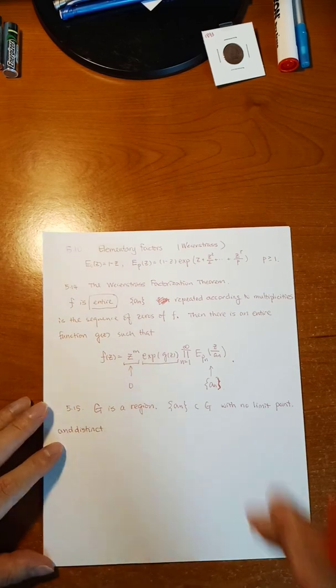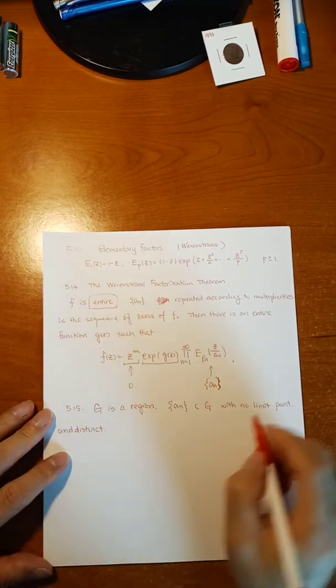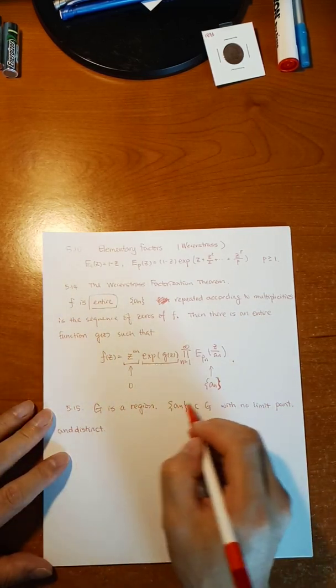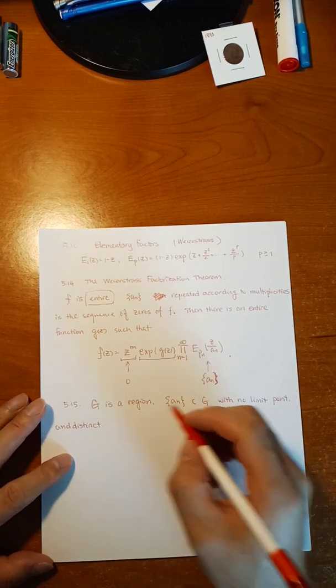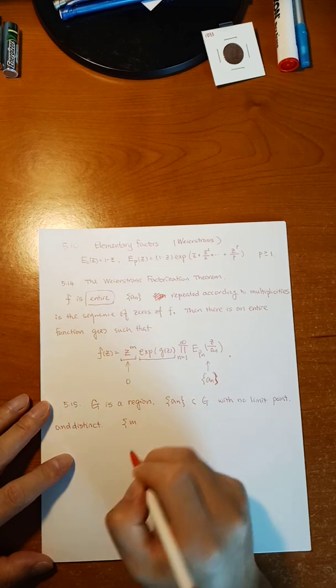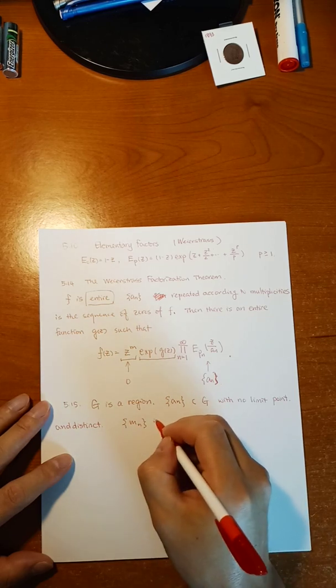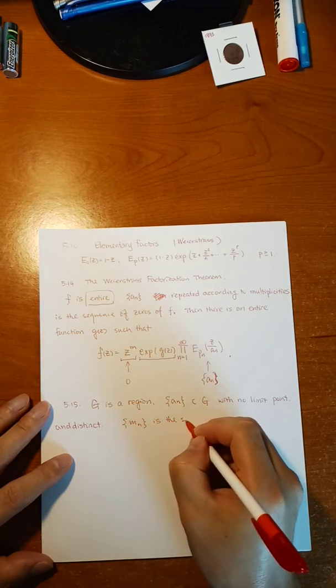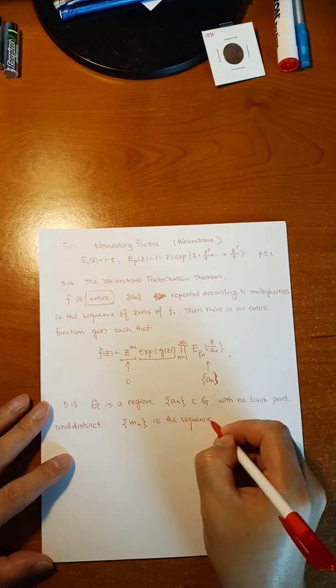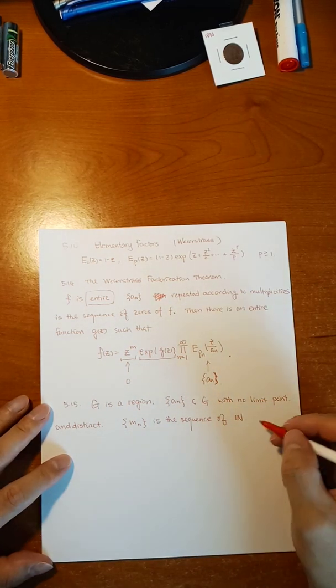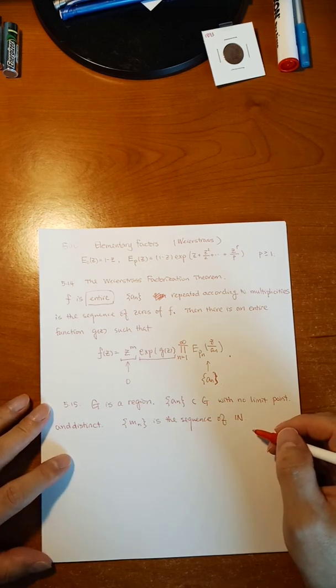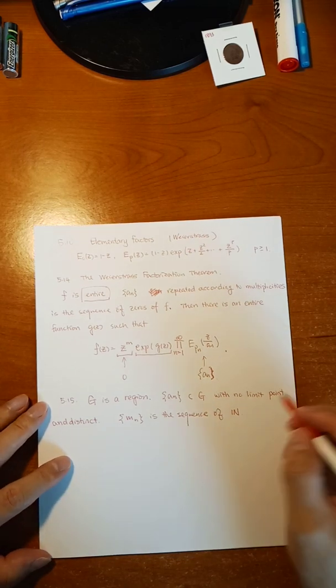Let's just assume it is a distinct sequence with no limit point, so there are no repeated elements, because here we do not allow repeated elements. And m_n is a sequence of natural numbers.